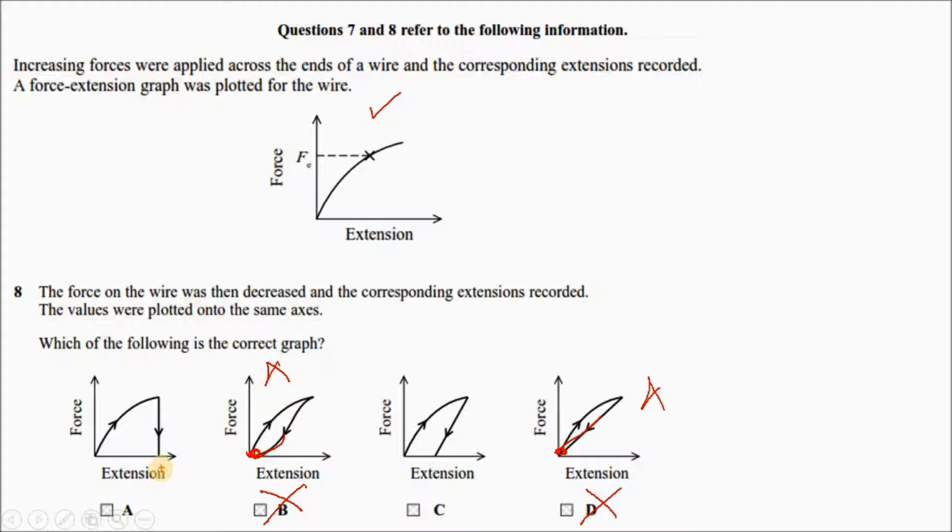This does not happen, because when you decrease the force, there will be a slight decrease in the extension, but not back to the original shape. So once you draw the unloading graph of a permanently deformed object, you get something like this. So this is the unloading. So your option should be C.